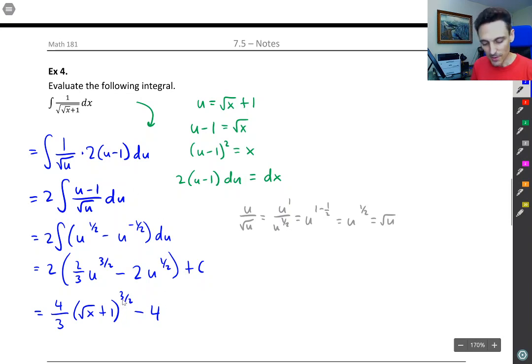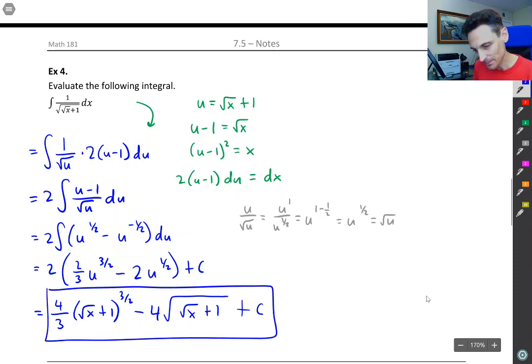The 3/2 power, a lot of times you just leave that as a 3/2 power, just a stylistic convention. But if you do have a half power, then a lot of times you'll see it as a square root. So we're going to write, instead of u to the half, the square root of u. And remember that u was the square root of x plus 1. It's a giant radical there. Let me make it a little smaller. There. Plus c and box.